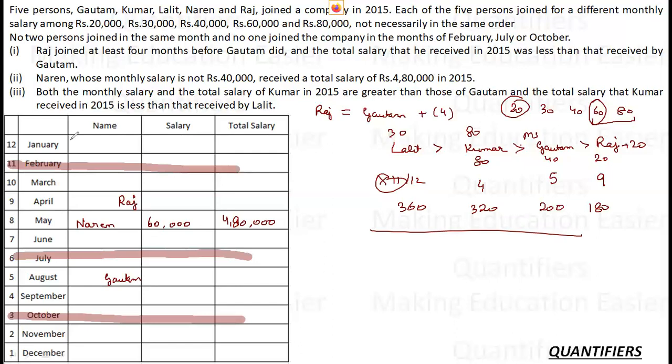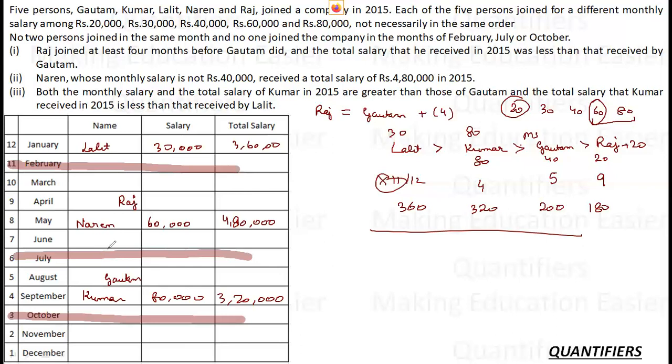So what is the final call? Lalit is working for 12 months. The salary was 30, and the total salary was 3,60,000. Kumar is working for 4 months, so Kumar is joining in September. The salary drawn is 80,000 and the total salary drawn is 3,20,000.